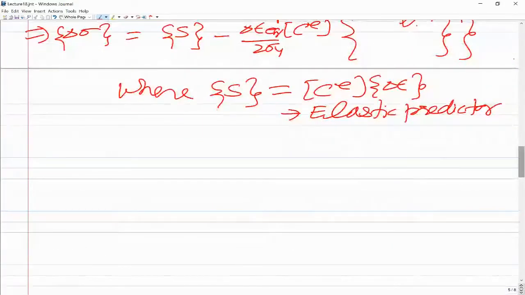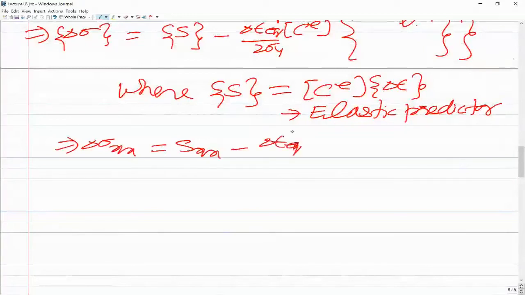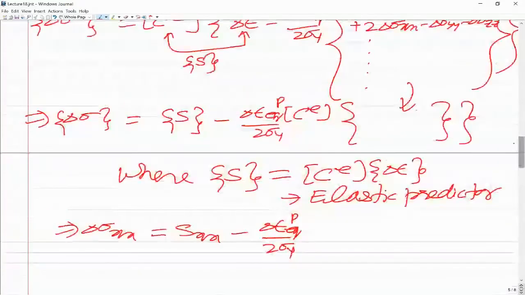Let me take one component at a time. From this, delta sigma xx can be written as sxx minus delta epsilon equivalent p divided by 2 sigma y, but now we take the multiplication of Ce with the rest of the terms.